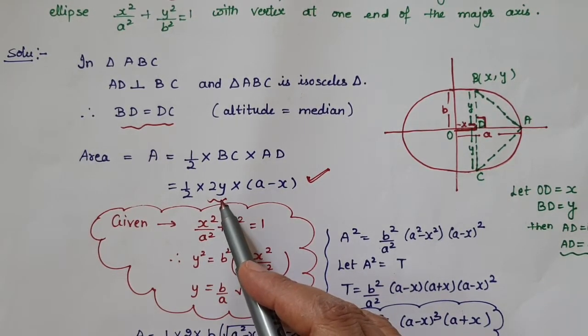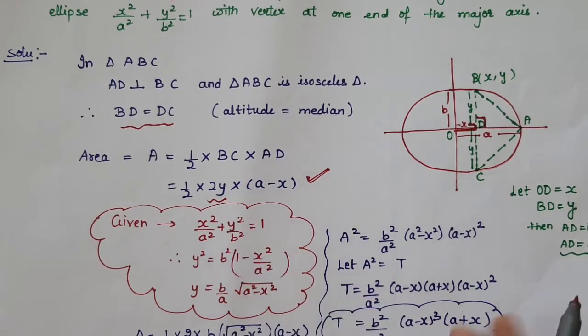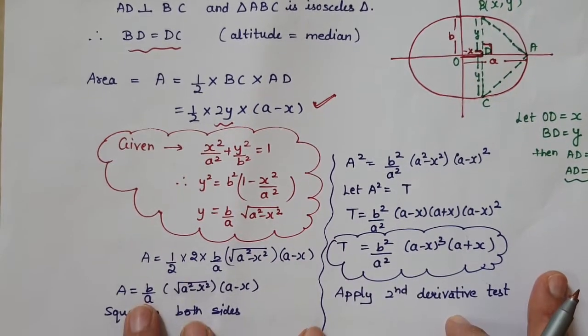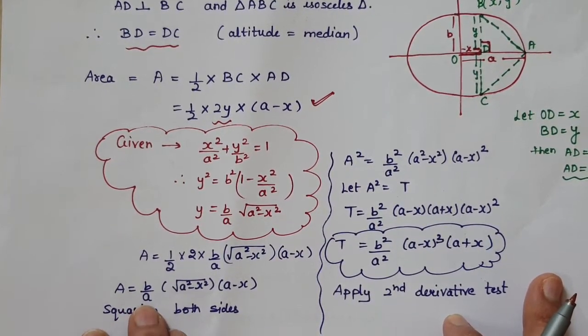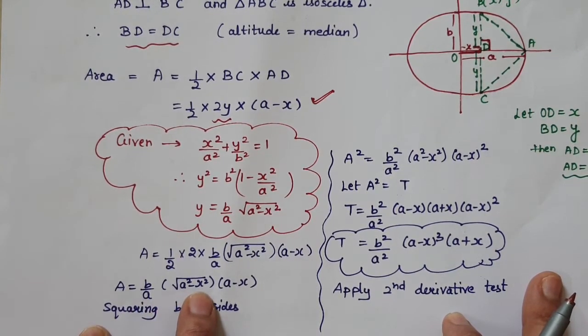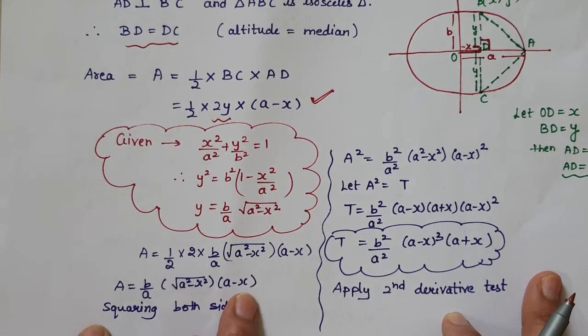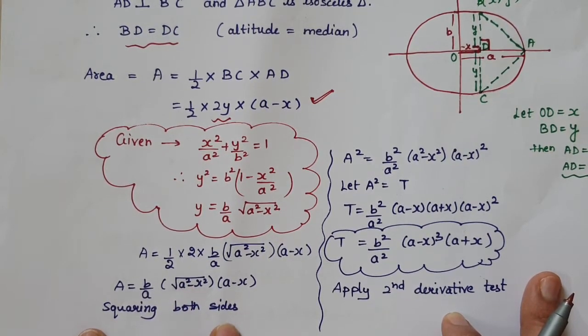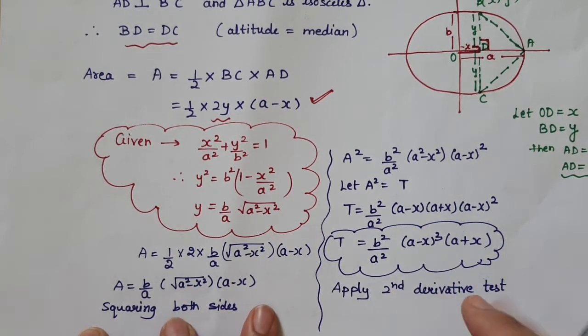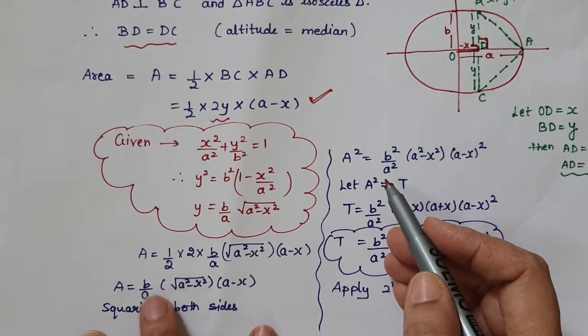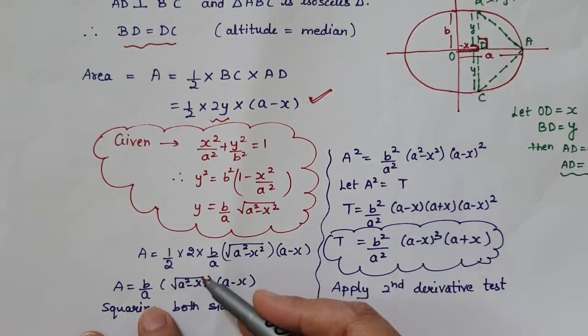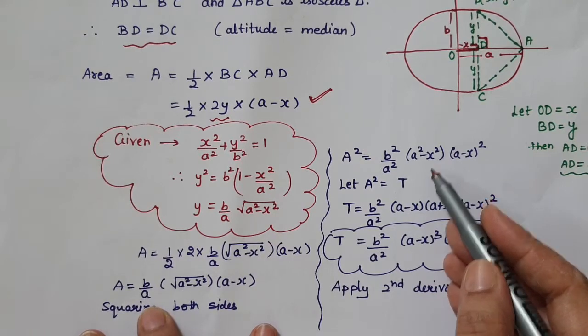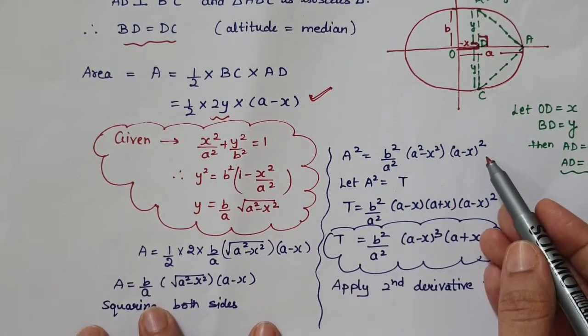Substitute it in this equation. So my area is coming out to be b by a root a square minus x square, times a minus x. Now just to remove this root, I have squared both sides. So I will get area square is equal to b square by a square, this square root gone, and a minus x whole square.